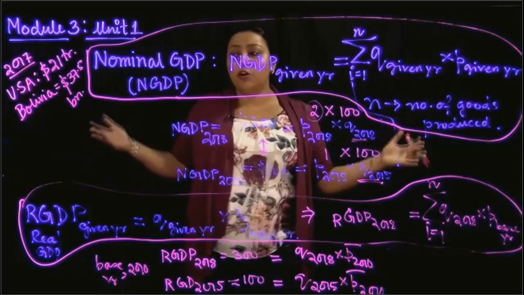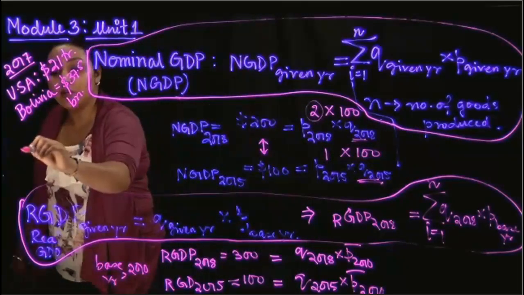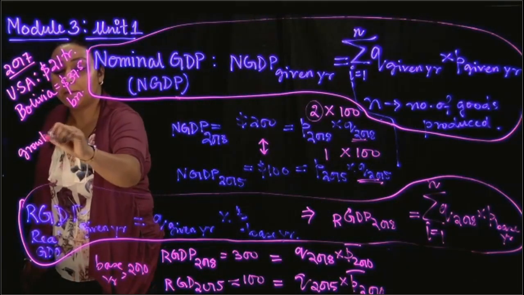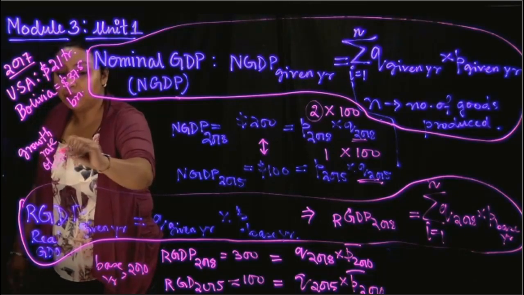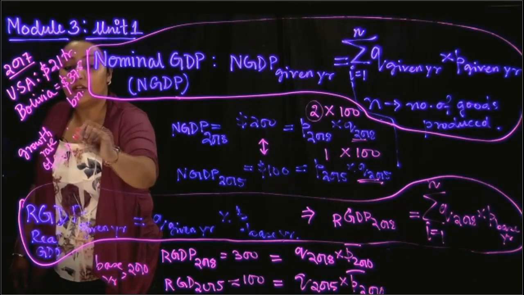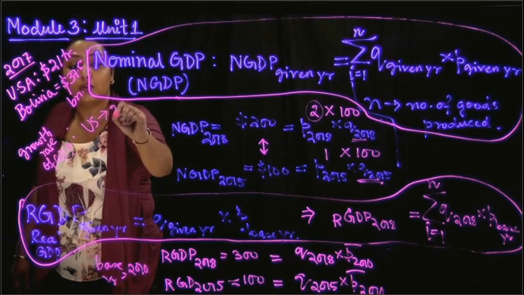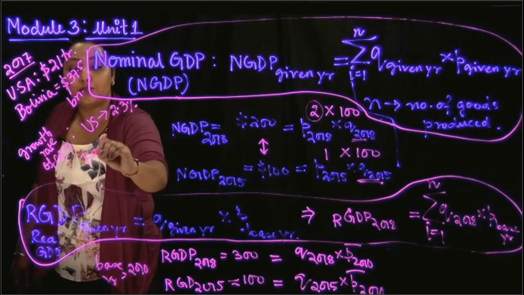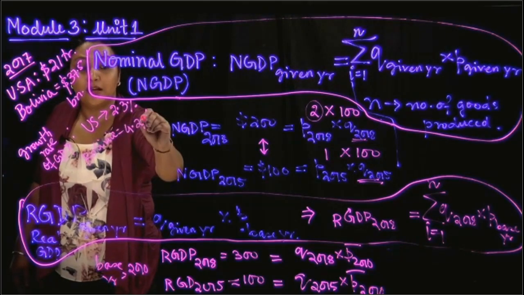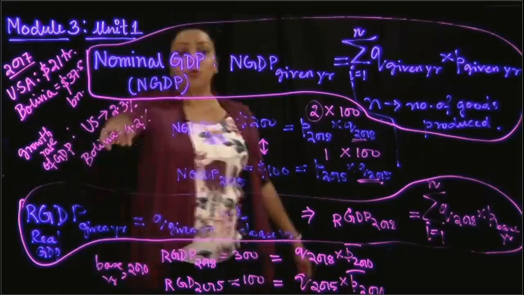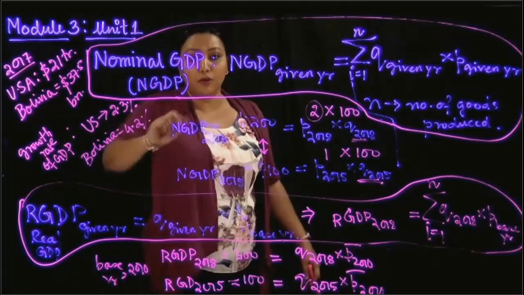Well, that may not be true, because if you look at the growth rate of GDP and real GDP, then you will see for US the growth rate in 2017 was 2.3%, whereas for Bolivia the growth rate is 4.2%. Now there may be reasons why the US economy is growing slower than the Bolivian economy.